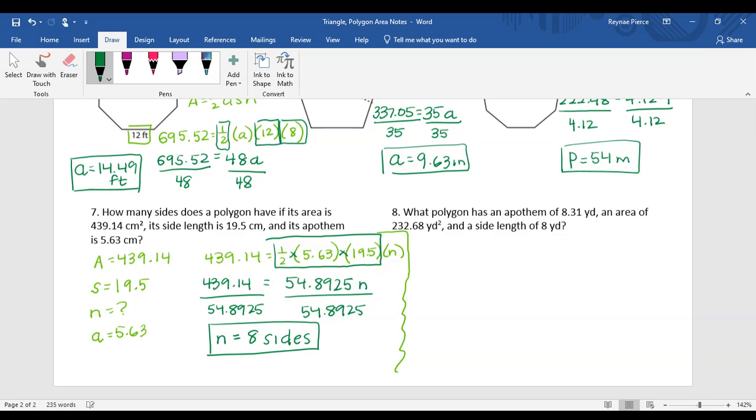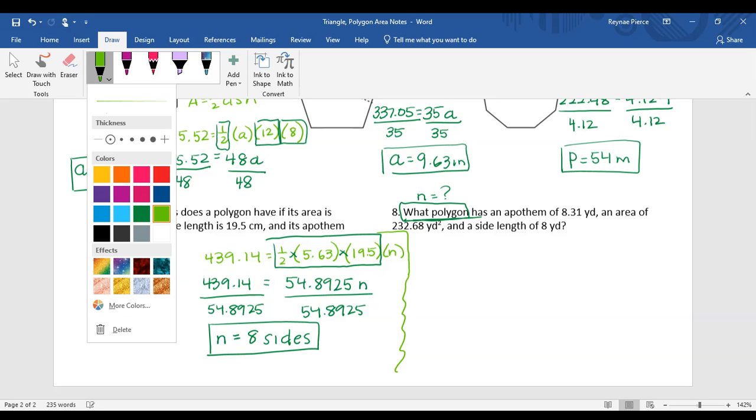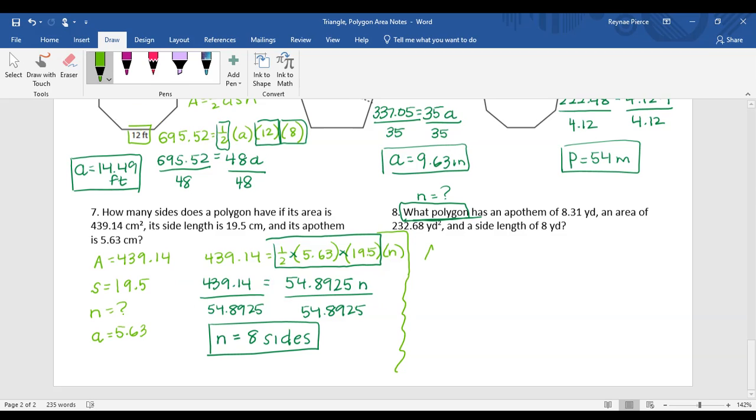Example 8, when it asks us what polygon, that means we first need to find how many sides. So our area is 232.68. Our apothem is 8.31.